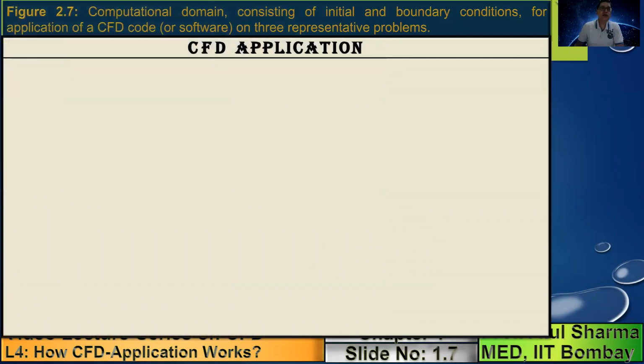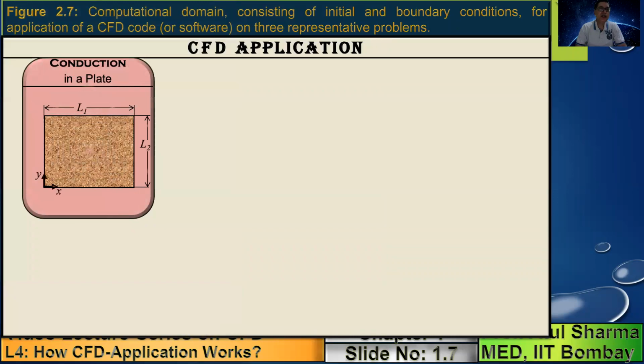This slide shows the various types of initial and boundary conditions which you encounter. This is presented for 3 representative problems. First, a heat conduction problem, second, an external flow problem, and third, an internal flow problem. Let us first consider a heat conduction problem in a plate.